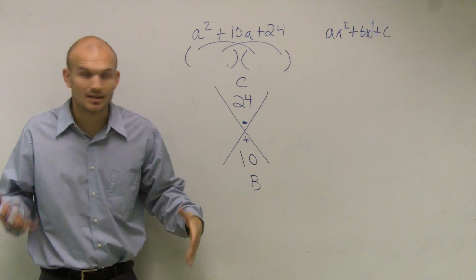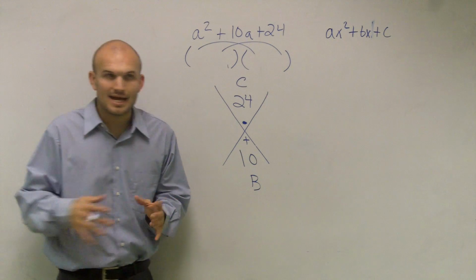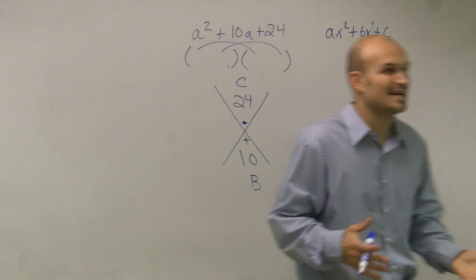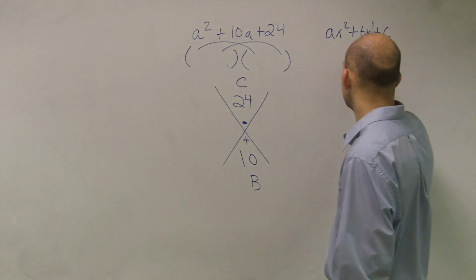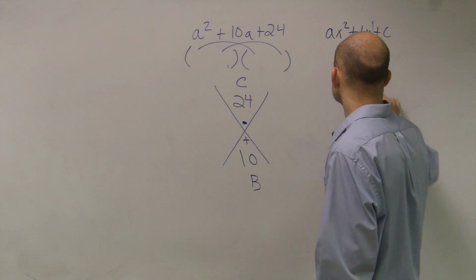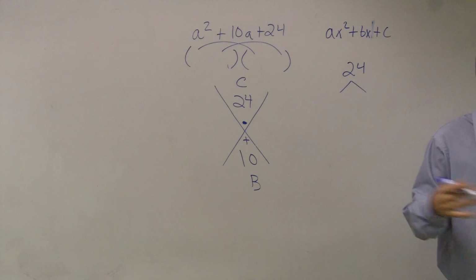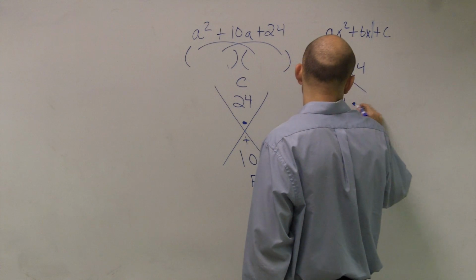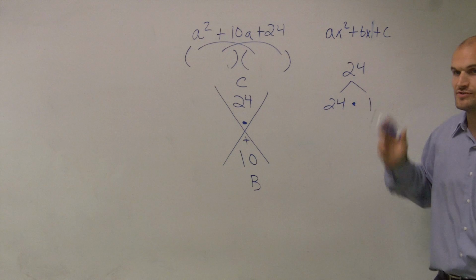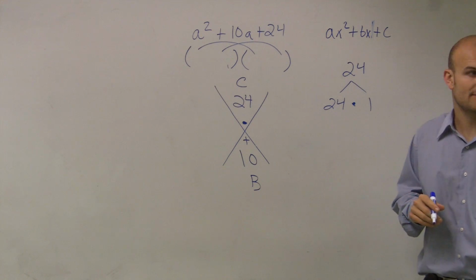To do this, a lot of you start thinking in your head and get caught up on your multiplication. You totally forget it. So a couple of things you can do is look at the factors. Automatically the first factor pair you should think of is 24 and 1. 24 times 1 gives you 24.